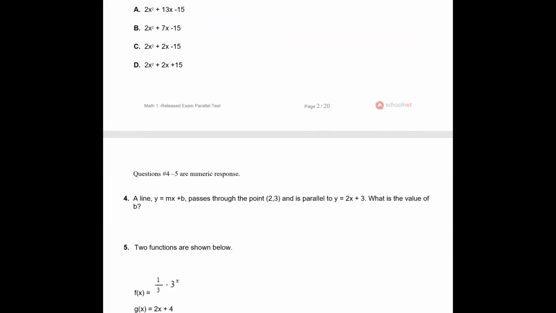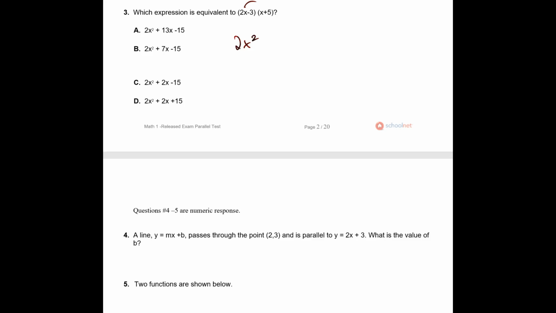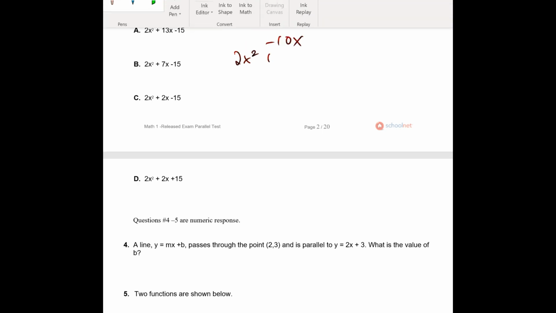Number 3. Which expression is equivalent to this? So we FOIL and we get 2x squared, and we FOIL again. Well, we multiply plus 10x, and then we FOIL. Come on, man. We don't need this. Oh, we're moving. Okay.